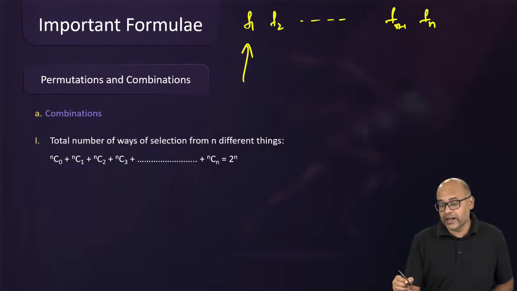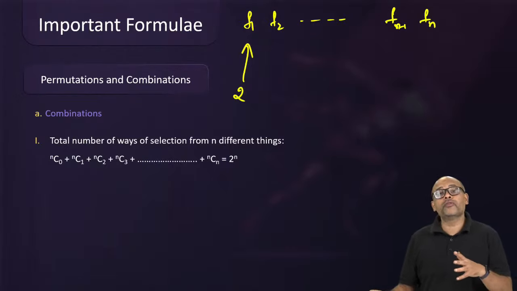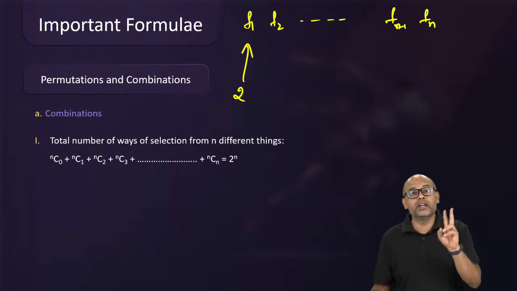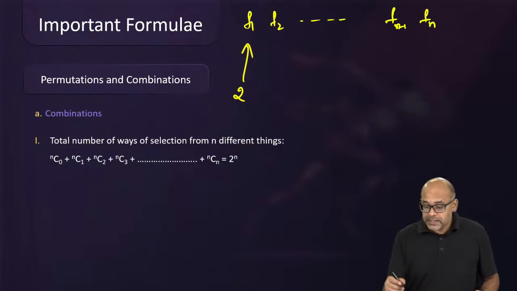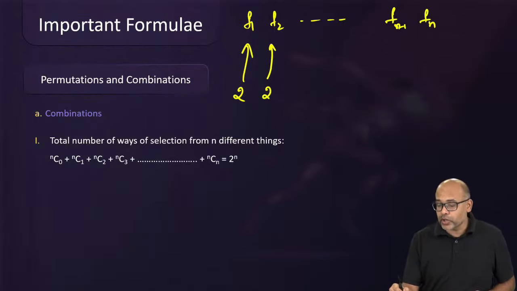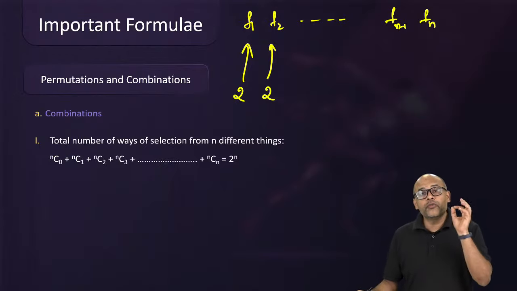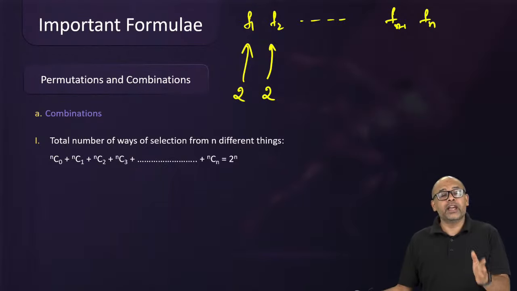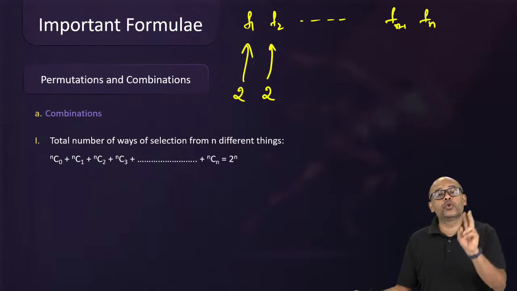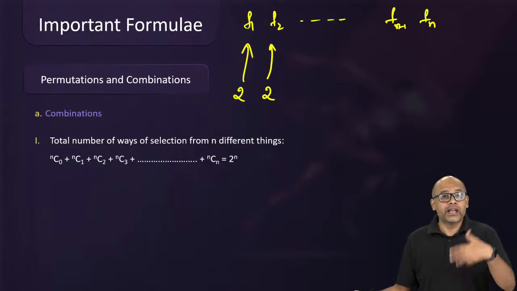So for the first friend, the job of inviting or not inviting can be done in two ways. Similarly, the second friend also can be chosen or not chosen in two ways. So when you think about every friend you will have two ways to deal with the friend. Either invite for the party or don't invite for the party.